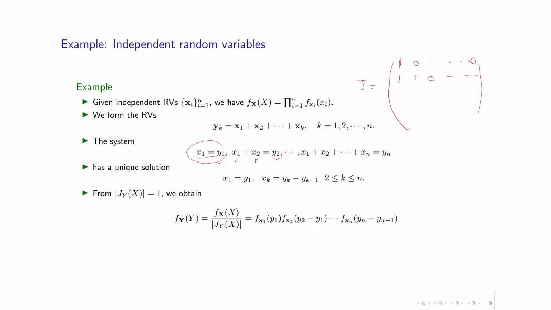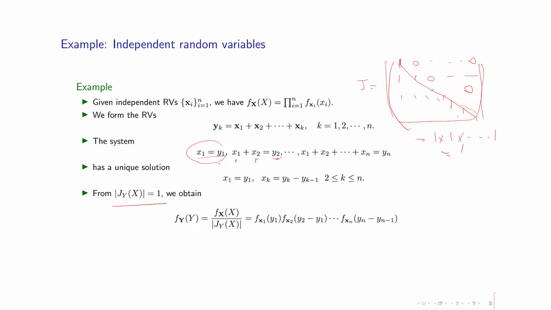If you continue, you get a triangular matrix with 1 on the diagonal, 1 on the lower diagonal, and 0 on the upper diagonal. The determinant of this matrix, because the upper diagonal is 0, is just the product of the entries on the diagonal, which is 1 times 1 times 1, equal to 1. So the Jacobian is 1.